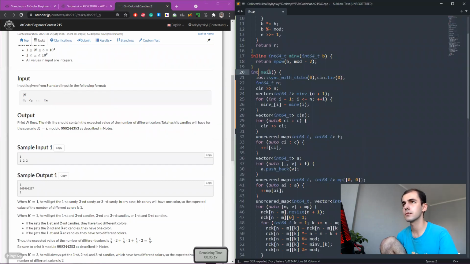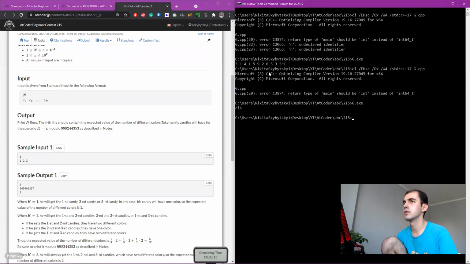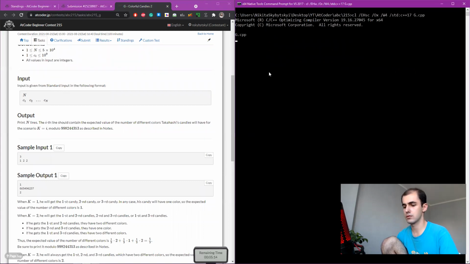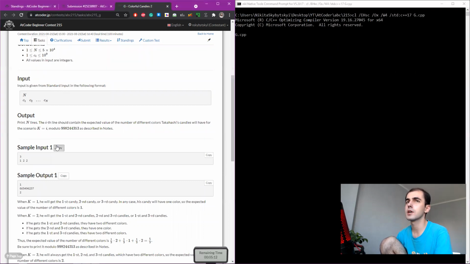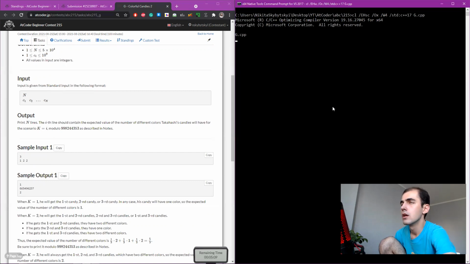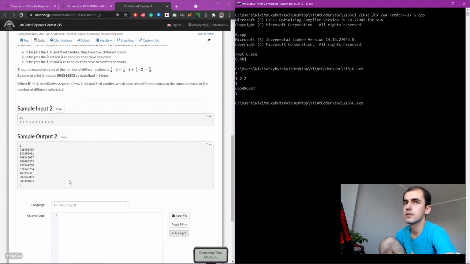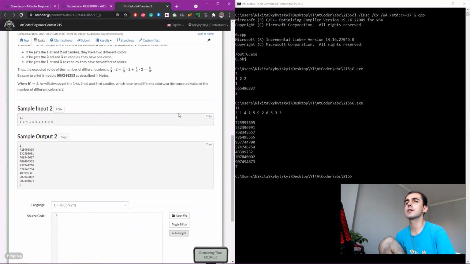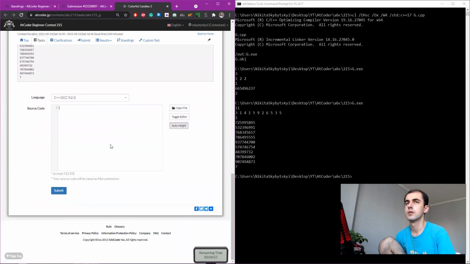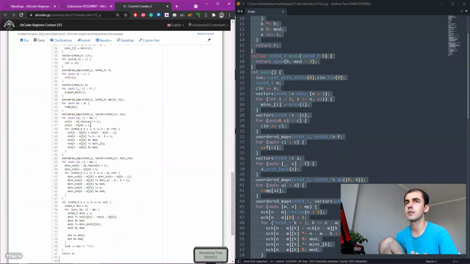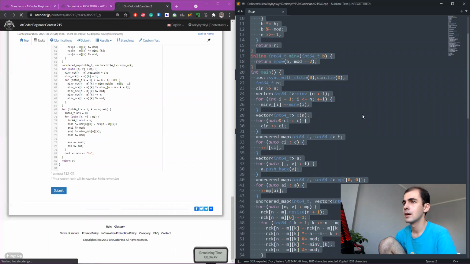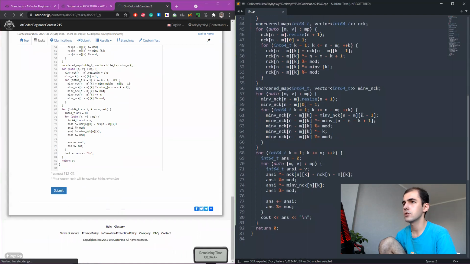Understandable concern from our compiler friend. So that appears to be correct. That also appears to be correct. Oh, we can submit from here. I never knew about it. Okay. Let's go ahead and try this feature.